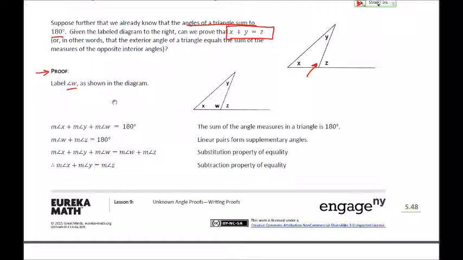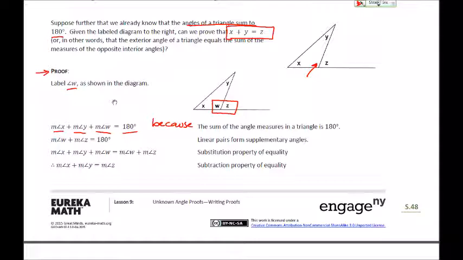And so I next say that angle X plus Y plus Z must equal 180 because the sum of the angle measures in a triangle is 180. And so we know that's true. Now we also know that because angle W and angle Z are a linear pair, they must add to 180.